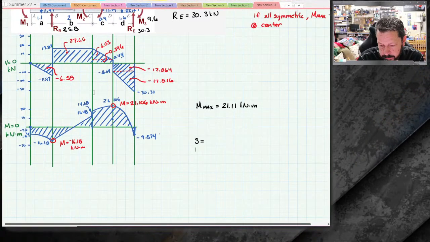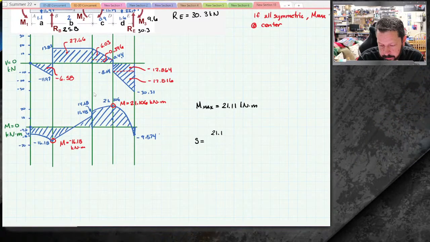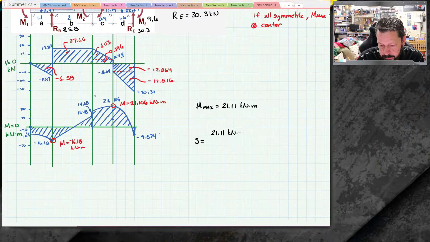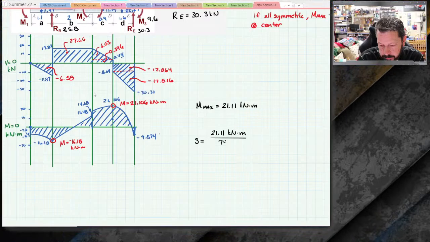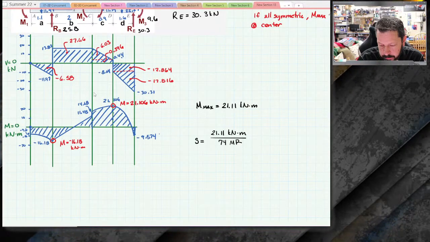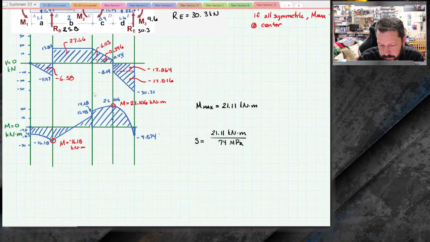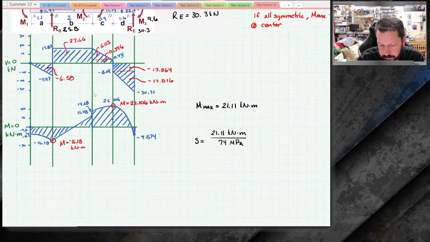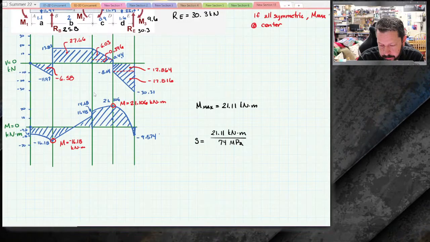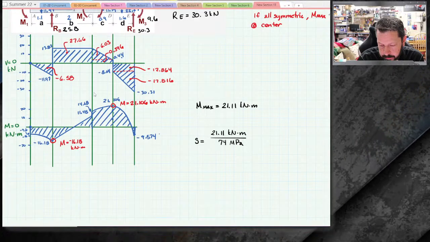So S is 21.11 kilonewton meters over 74 megapascals. Now we probably have to deal with these units here. We've got one in kilonewtons and one in megapascals. So I'm going to convert them both over to just Newton meter.